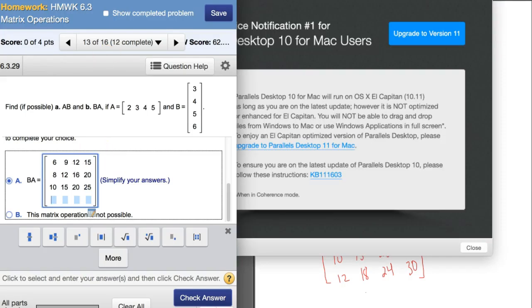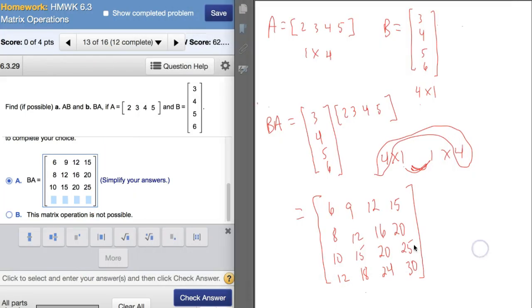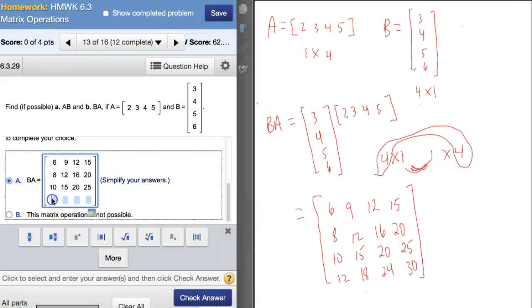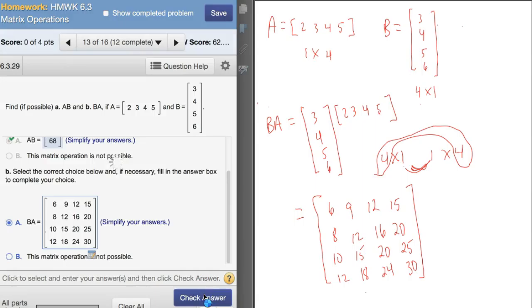And then 12, 18, 24, 30. And let's check to see.